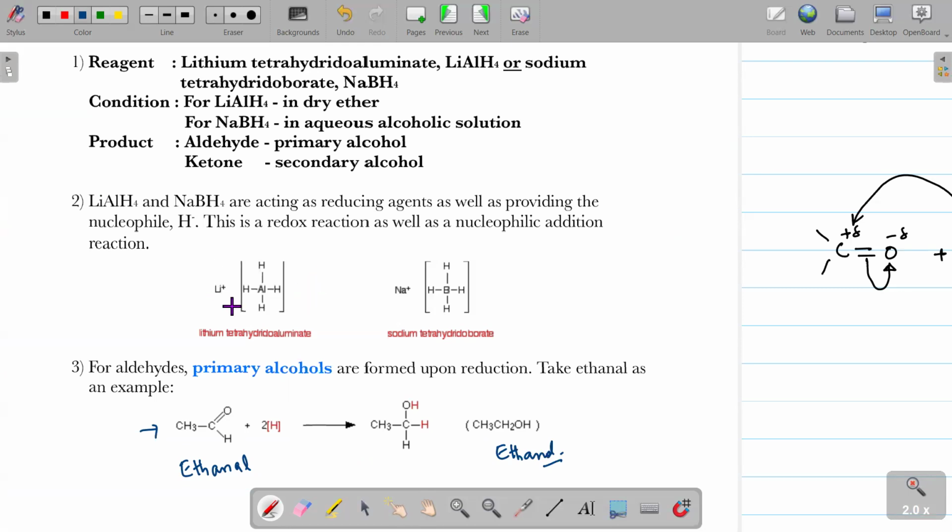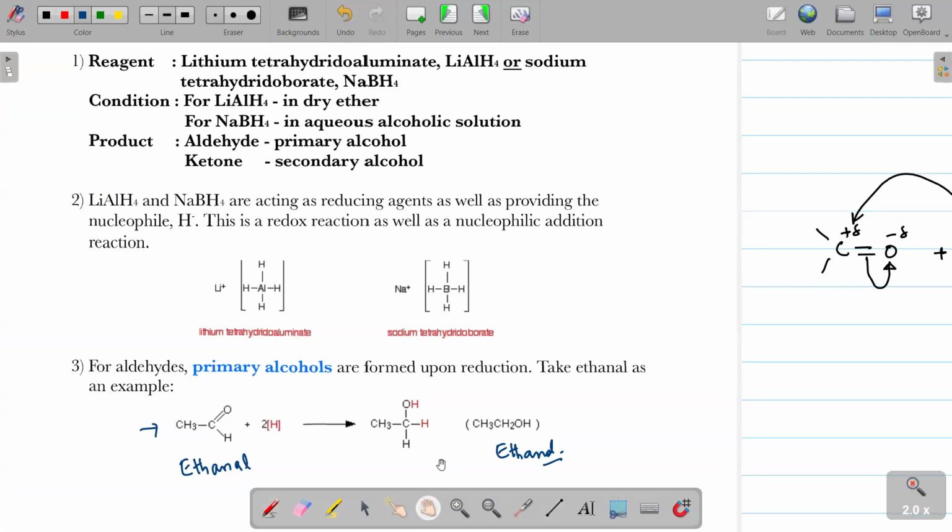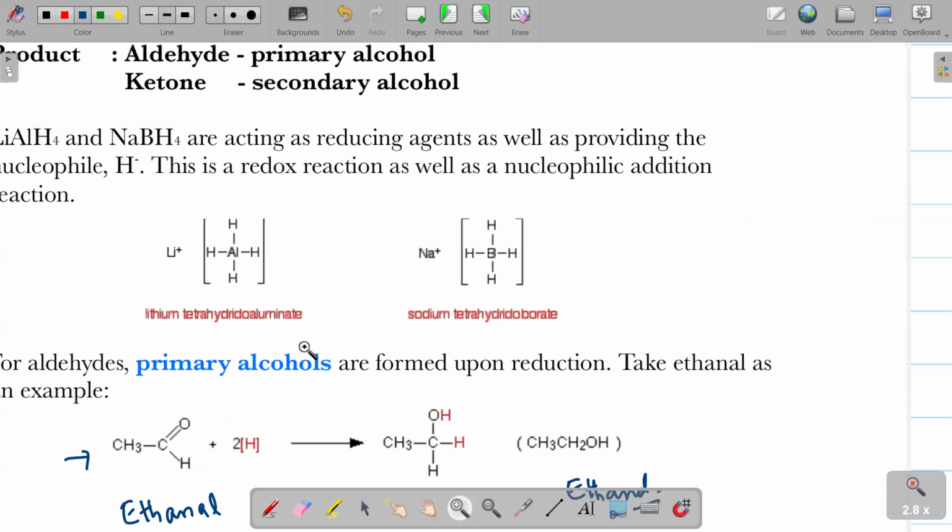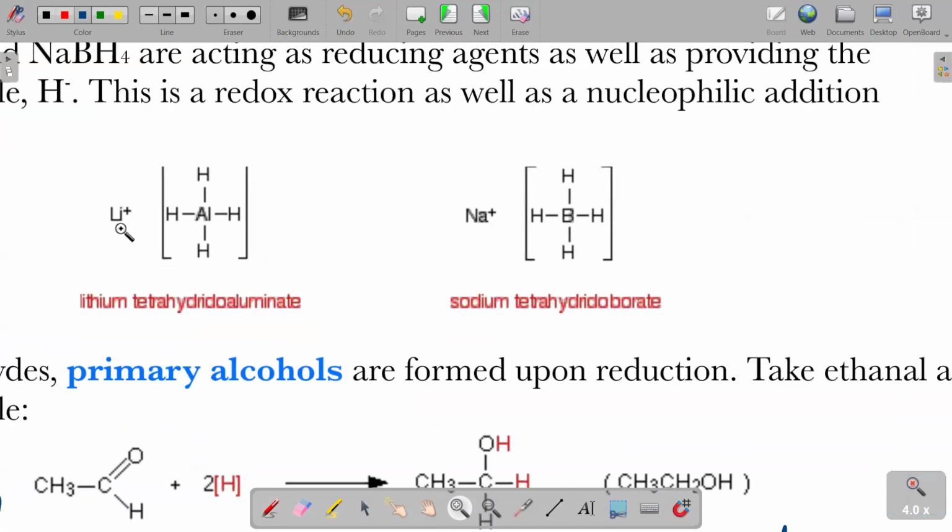So basically, as I said, lithium tetrahydroaluminate is in the form of two ions, Li plus 1 and AlH4 minus 1. So overall minus 1 charge. Each hydrogen is minus 1 and aluminium is plus 3, so overall minus 1 on this complex ion.